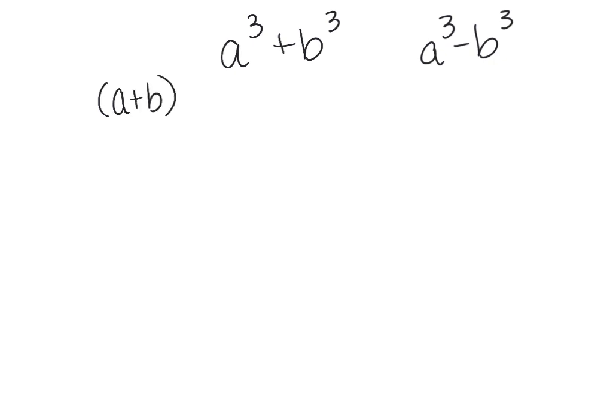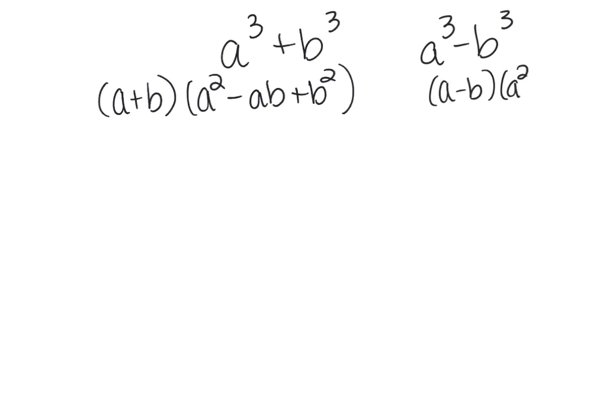A cubed plus B cubed is (A plus B)(A squared minus AB plus B squared). When you have A cubed minus B cubed, it's (A minus B)(A squared plus AB plus B squared). And these are just 2 formulas that you remember or have written down to look up later. But it's more about recognizing that that's what's going on.